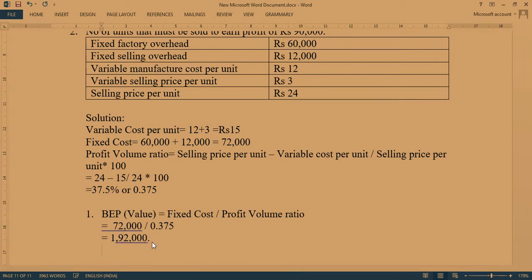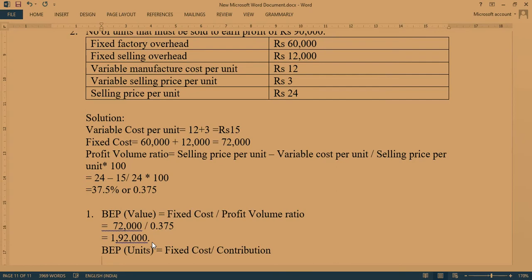Now we have to calculate the BEP in units. Sometimes in examinations there could be a possibility of being asked for the value or in terms of units. Please make sure you remember this. Again, the formula will be a little bit changed. Fixed cost divided by contribution.